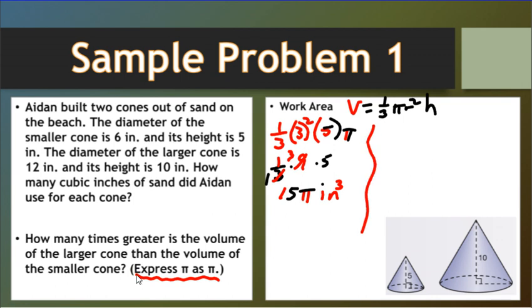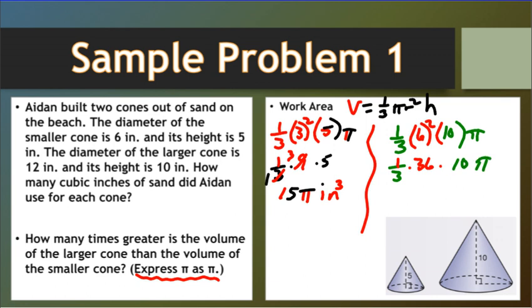And for the larger one, we would have 1/3. And the diameter is 12, so the radius has to be 6. So 6 squared times the height, which is 10. And then we have pi as well. So 1/3 times 36 times 10 times pi.